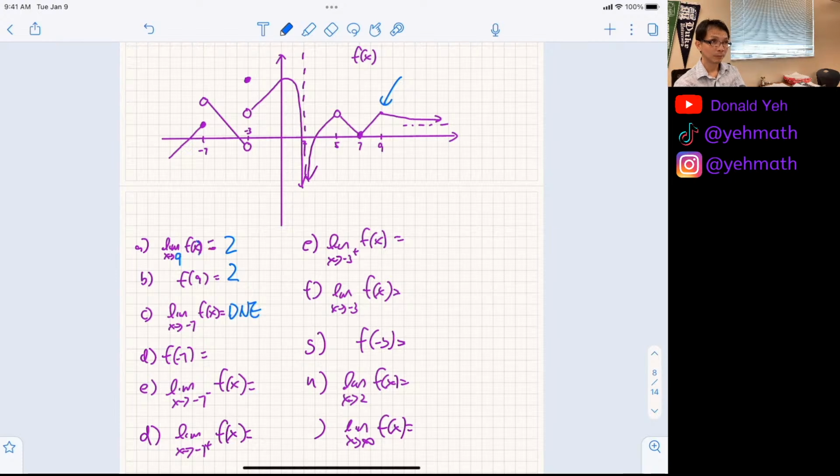Kyle? F of negative 7. One is good. Just look at the solid dot, because f of negative 7 means when x equals negative 7, what is my output? It doesn't ask you for limits. It just asks you for the evaluation.